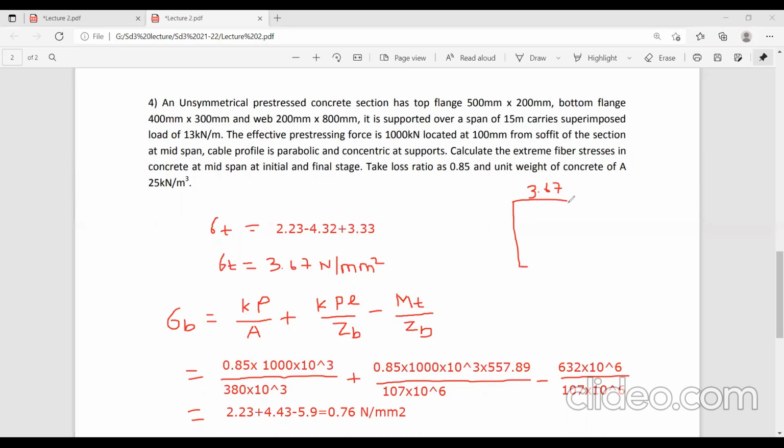So this one is the final stress diagram.